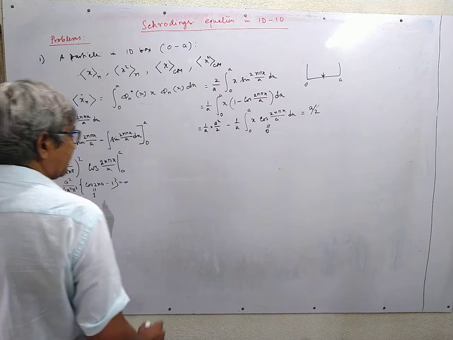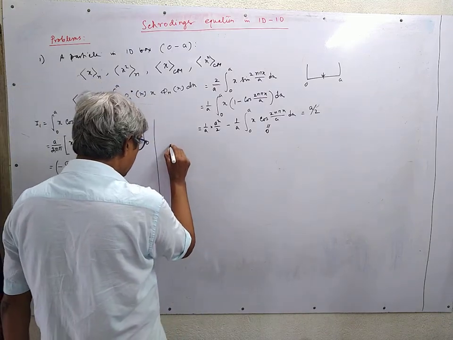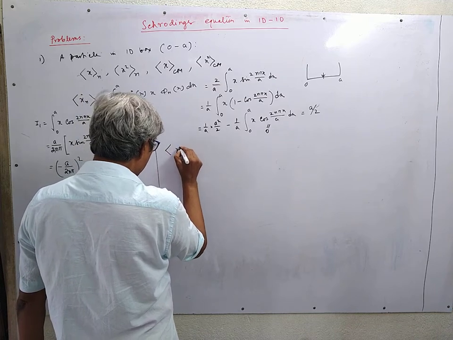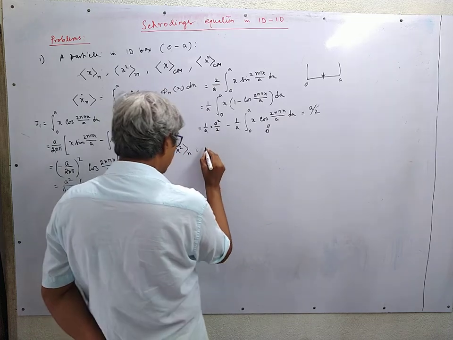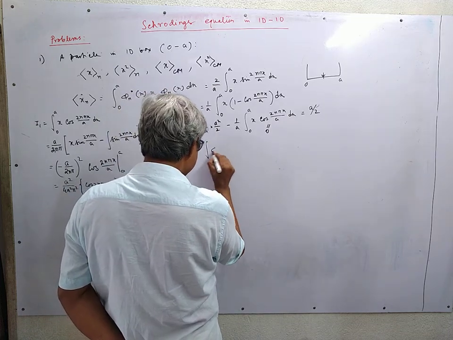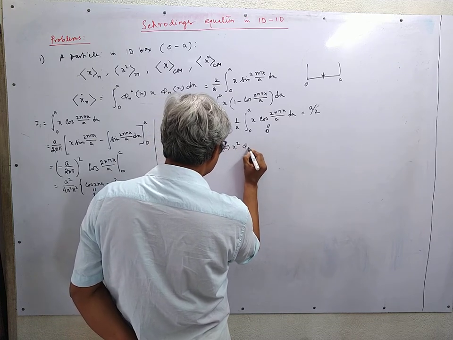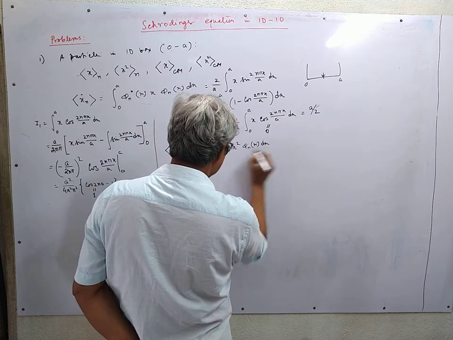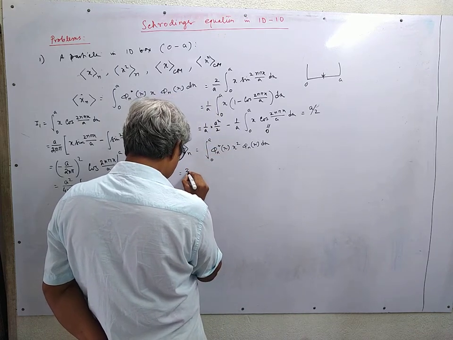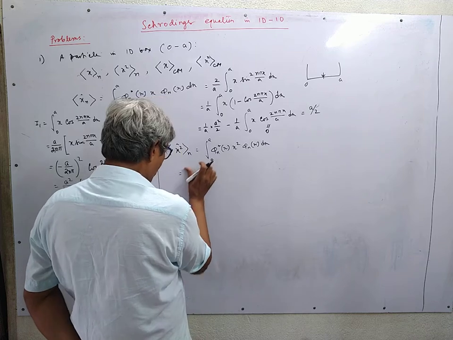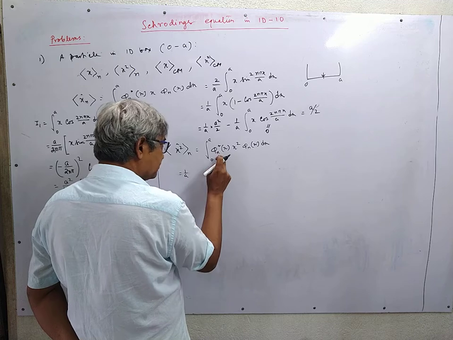Now come to the case of x square for state n. Then we will have similarly 2 by a, a factor that comes from normalization.